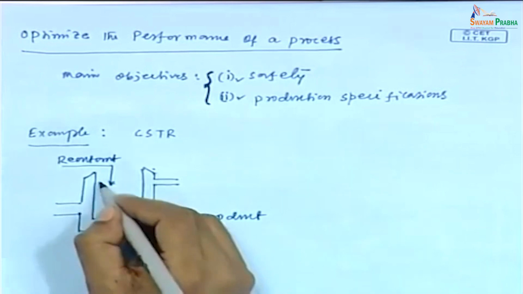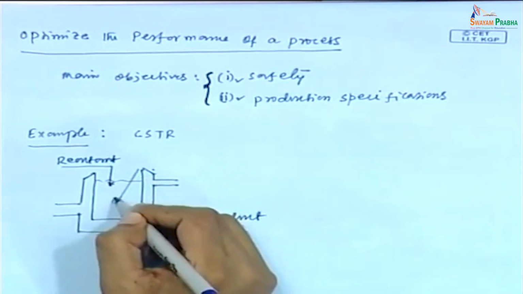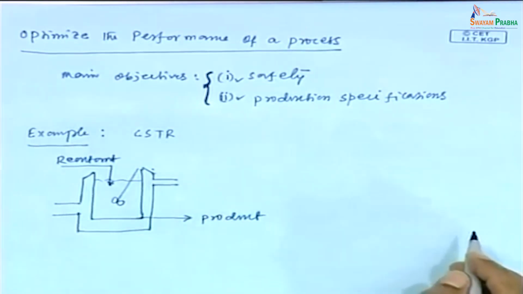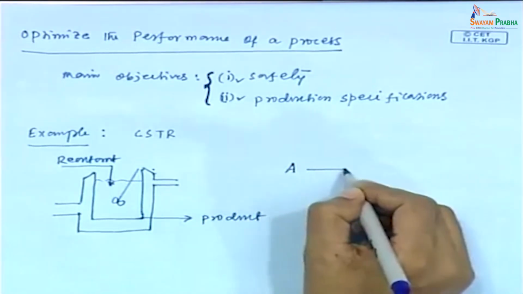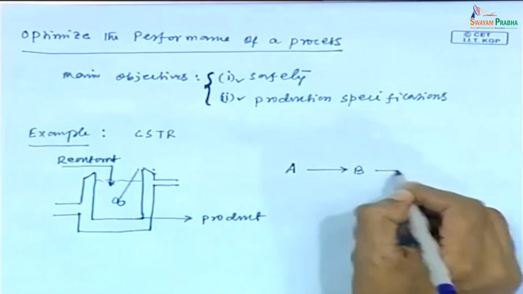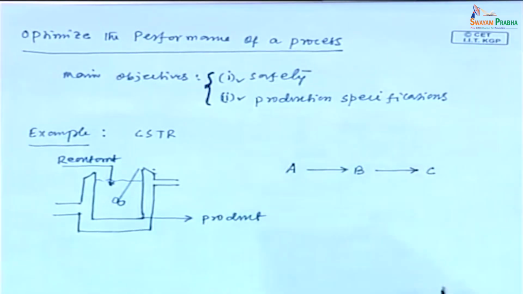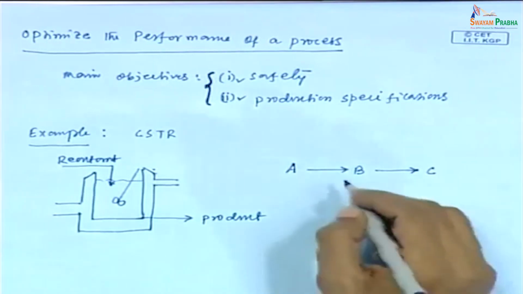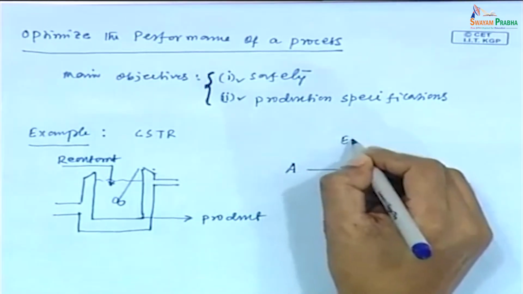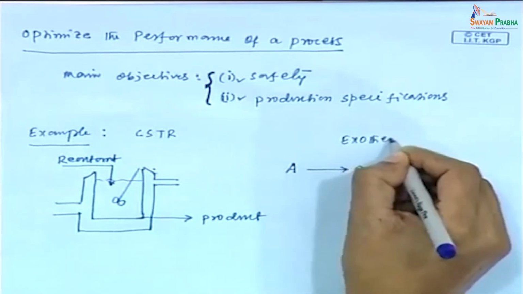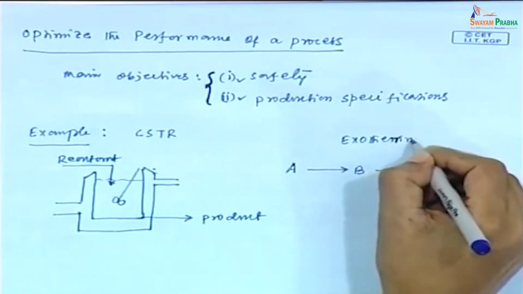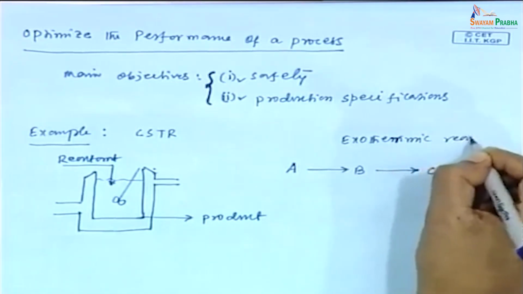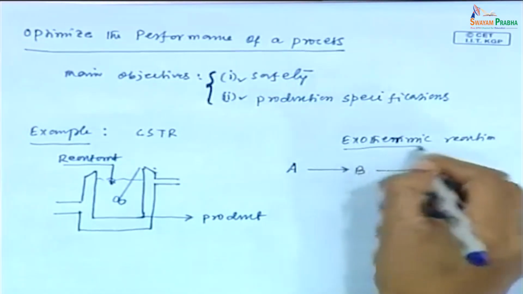Now, in this process, two consecutive exothermic reactions, A to B and then B to C, occur.